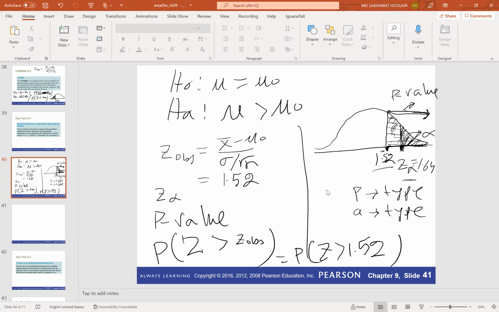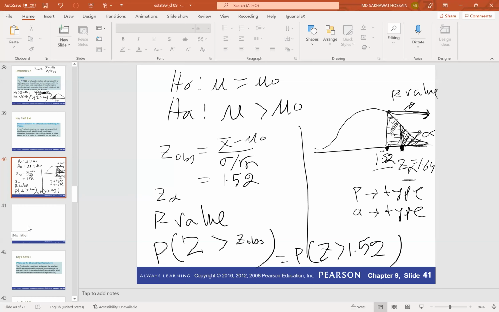So when we fail to reject null, p-value has more area compared to alpha. Okay, so now I think you'll be able to remember. I showed you this example so that you can relate the p-value and the critical value.